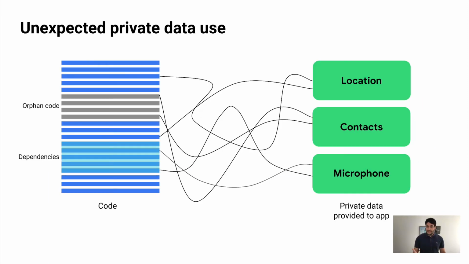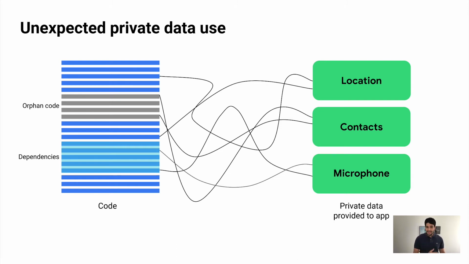For large applications, you may have thousands of lines of code, maybe even millions of lines of code. You may have some orphan code, so some code that has been written by someone, that person left the team or no one is taking care of it anymore. So you may have accidental data access without knowing it.